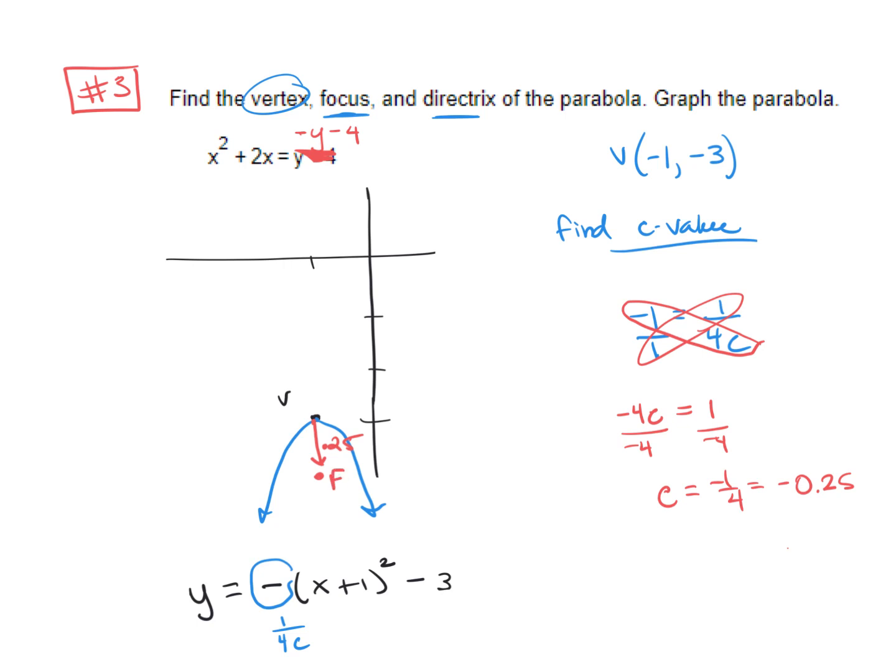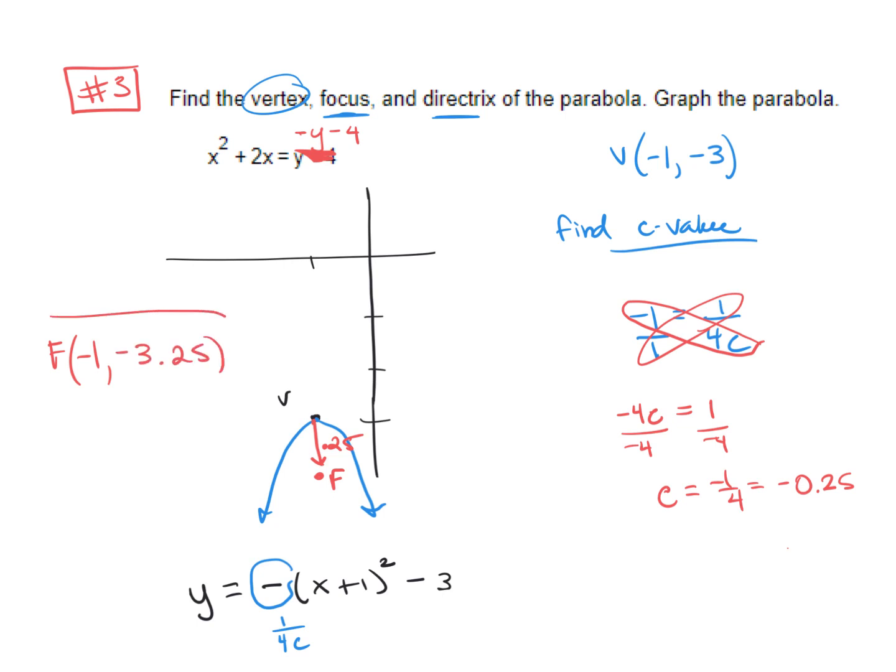Do you notice I still would go to the left 1, but now instead of going down 3, I have to go down even further, 0.25 further. So our focus is going to have the ordered pair, again, I still had to go to the left 1, so it keeps that same -1. But now I'm going down 1, 2, 3, and another 0.25. So that is -3.25.